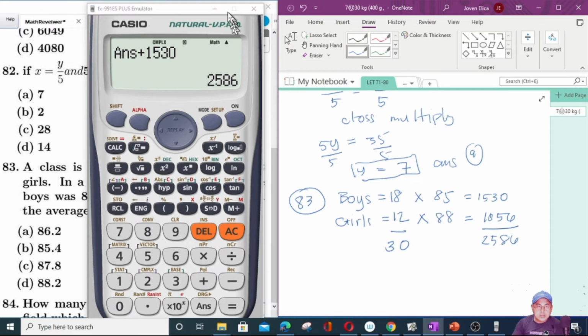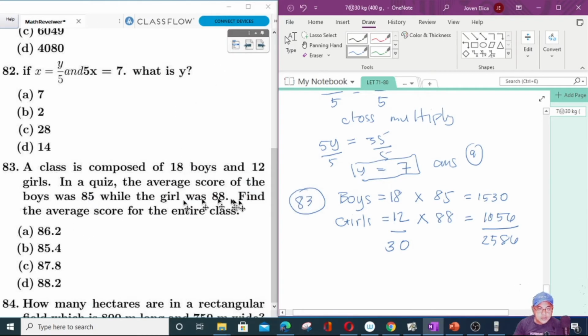Okay. So we are asked to find the average score of the entire class. So this is the total score of the boys and the girls.